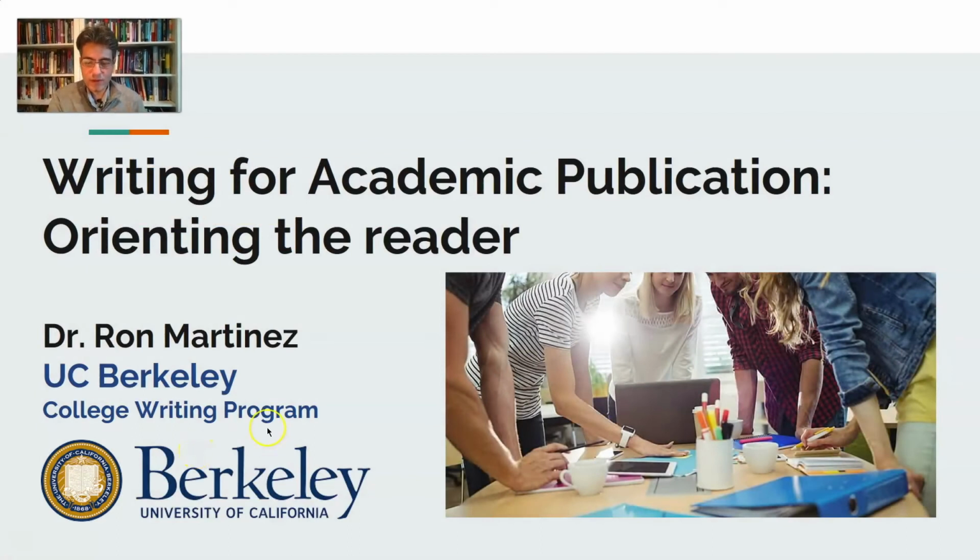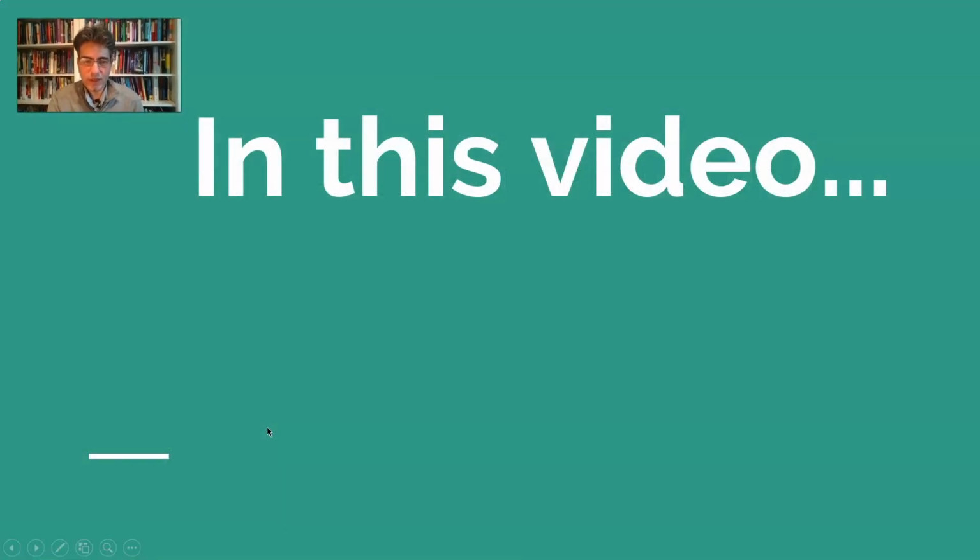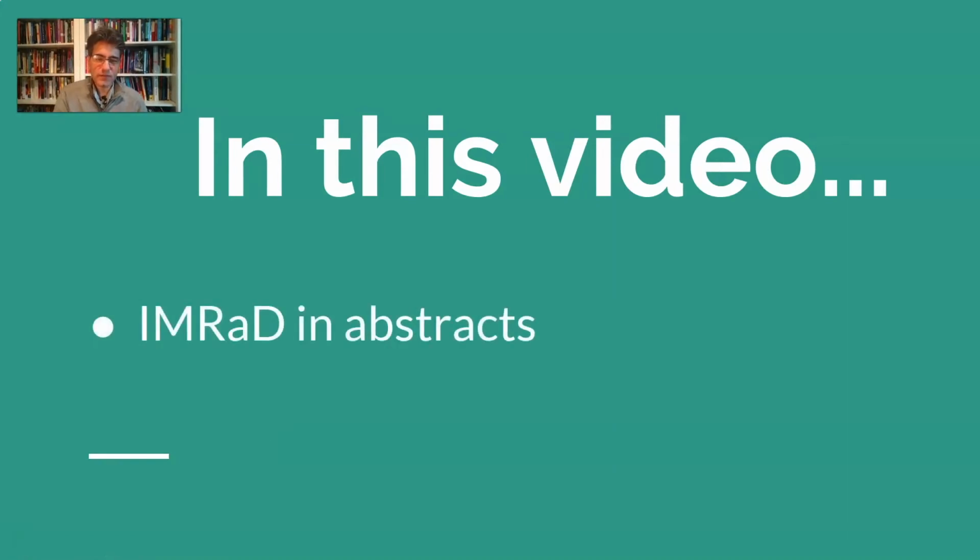what is this about? Well, as I mentioned, one of the first things we look at when we pick up an article is the introduction, and before that, the title and the abstract.